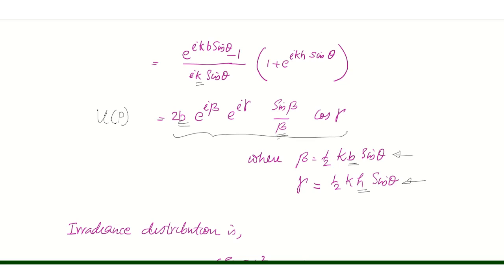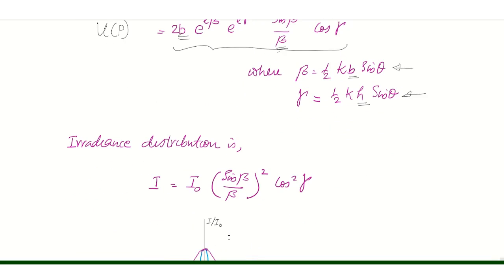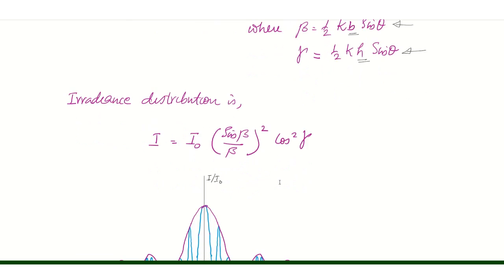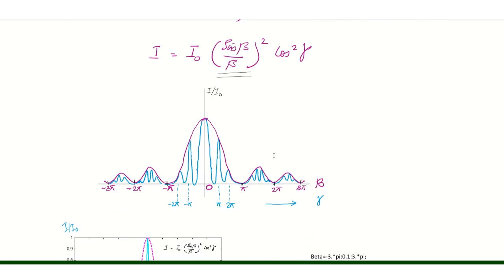Now the irradiance distribution is again the square of that: I0 sine beta over beta squared, that's a sinc squared function. You know how it is going to look, and that is shown in purple here, sine beta over beta.